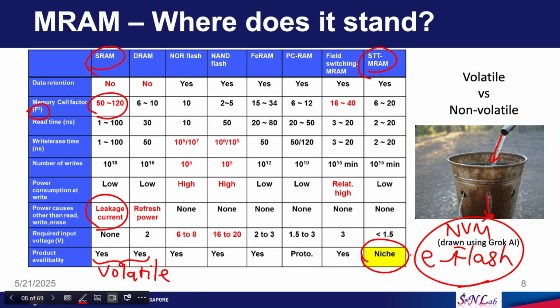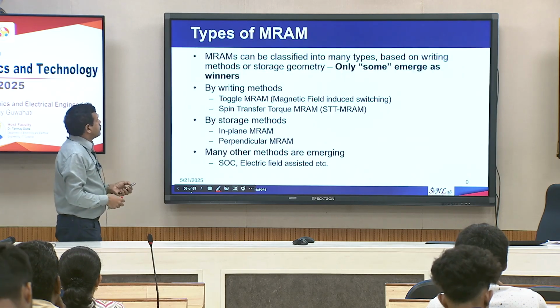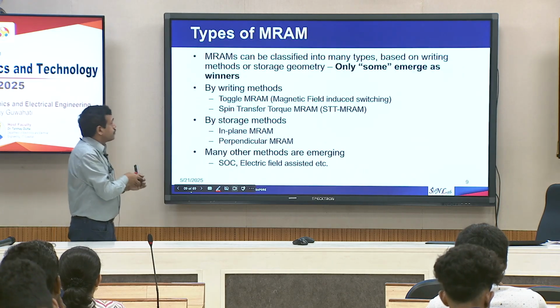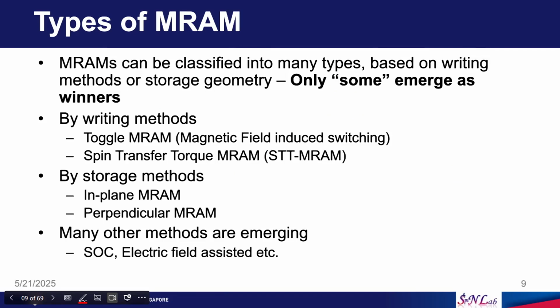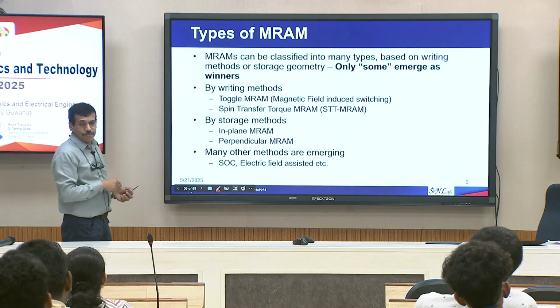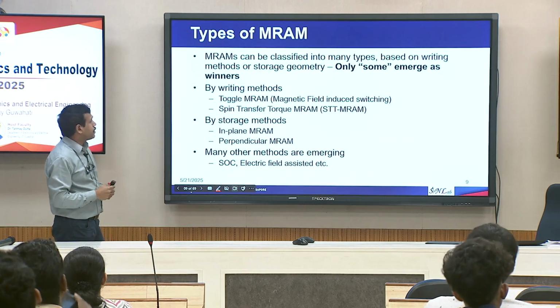Okay, it will retain the data even if you switch off the power. Okay, so, there are some advantages because of which the industry has invested money and is developing MRAMs, and they have achieved some success and they are on the path of making more products using MRAM.